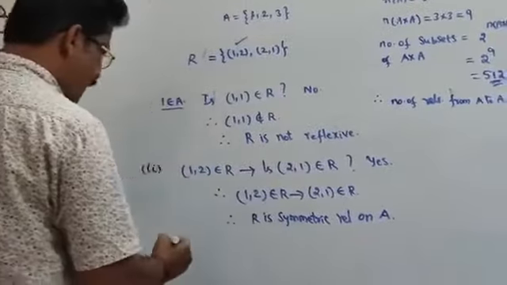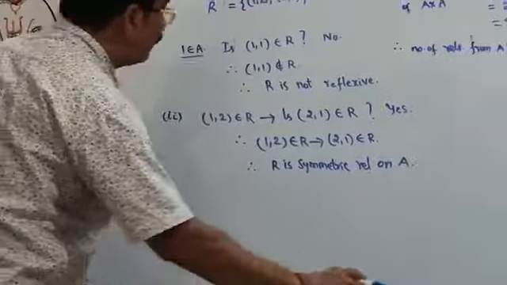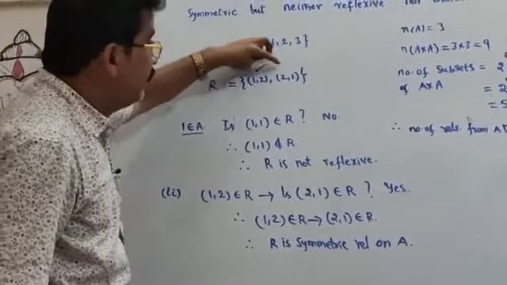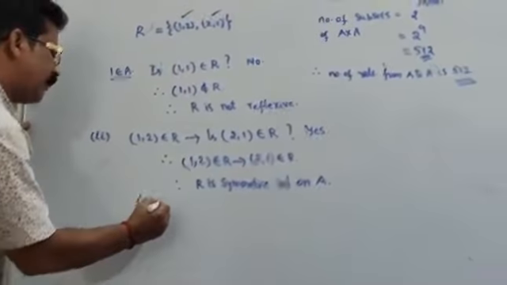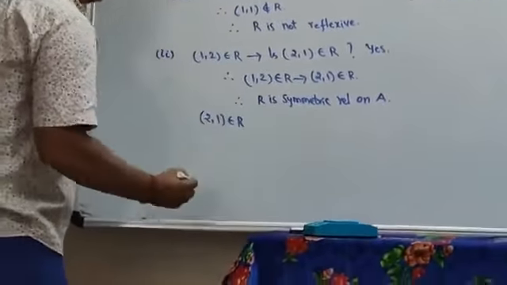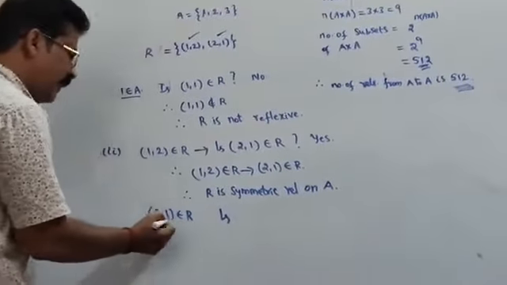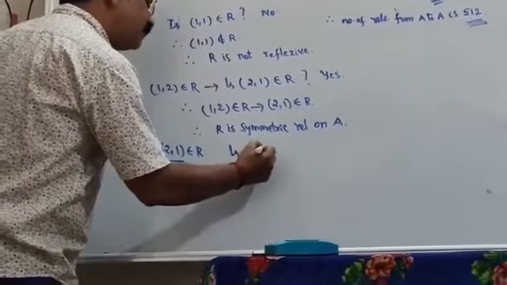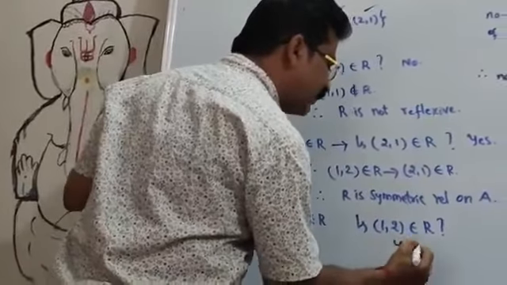Okay. Next, number 3, transitive. Let us verify another element. The first element is over. Next, take the second element. (2,1) belongs to capital R. My question is the reverse, does (1,2) also belong to capital R? Our answer is yes.